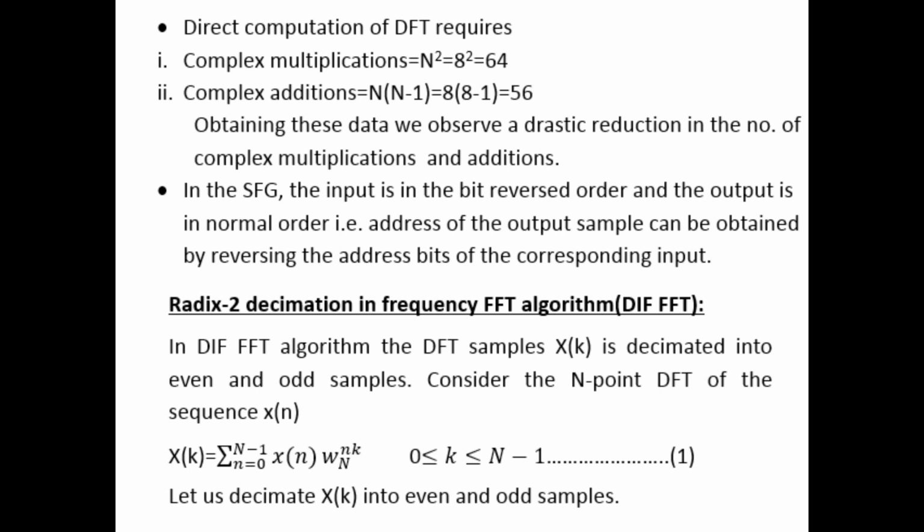X of k is equal to summation n is equal to 0 to n minus 1 x of n into omega n of nk, where k varies between 0 to n minus 1. We are going to call it as equation number 1. Let us decimate x of k into even and odd samples.